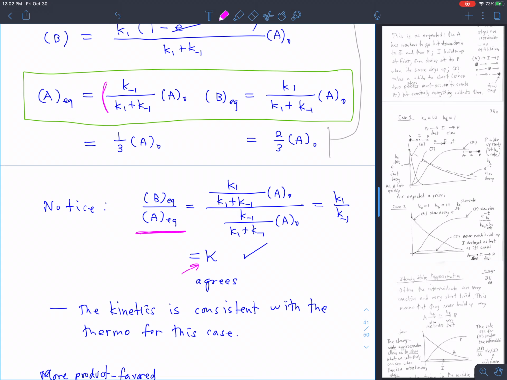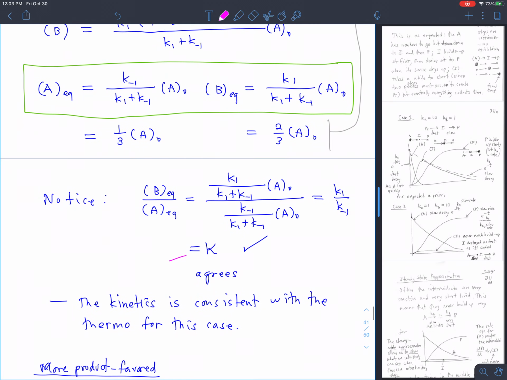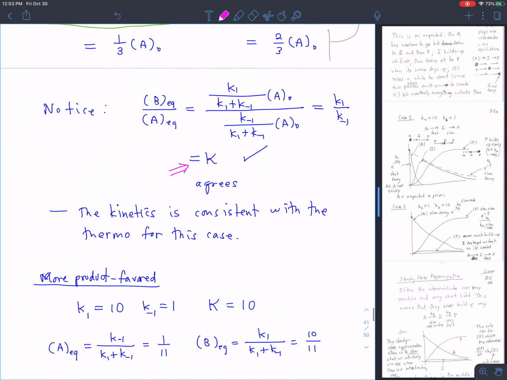If I take these formulas here, independent of any values that I plug in for K1 or K minus 1, and just do a little bit of algebra, I get that this ratio is equal to K1 over K minus 1 as it should be, and that is equal to the equilibrium constant. So again, in this special, more specific and concrete case, we see that the thermodynamics is buried or contained inside of the kinetics. And it takes maybe a little bit of work and a little bit of analysis to see that, but it is in there.